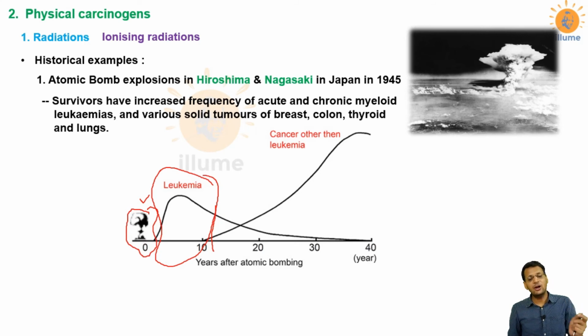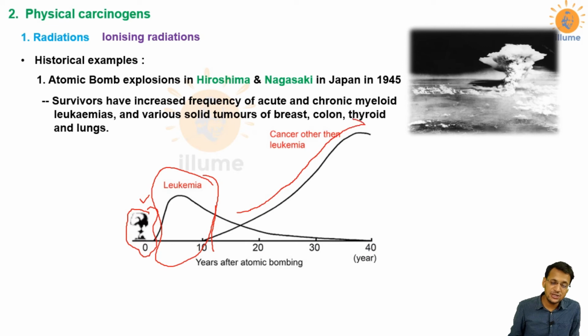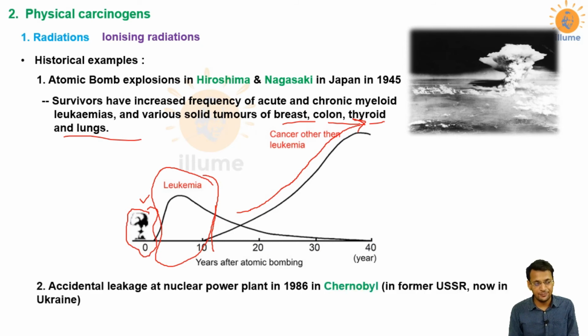But after those 10 to 15 years, there is a sharp increase in the patients suffering from cancers other than leukemia, that is breast, colon, thyroid and lung cancer patients. So that's how devastating a nuclear bomb explosion can be.